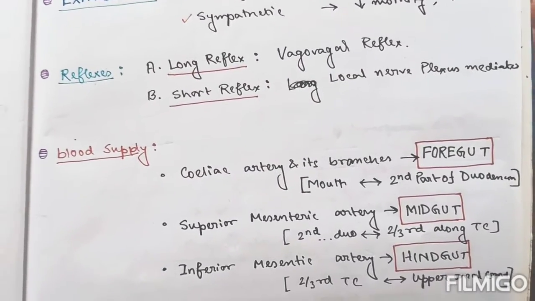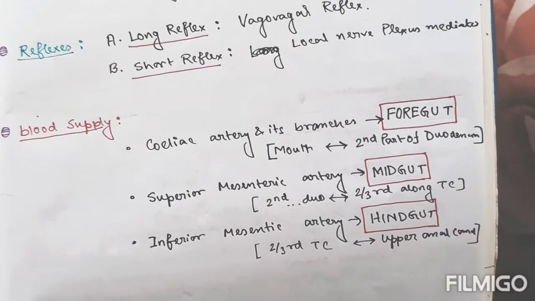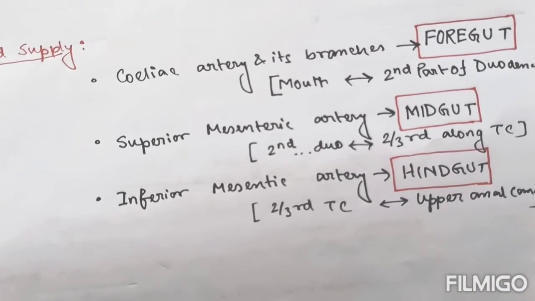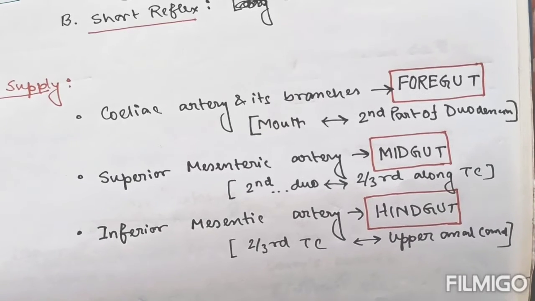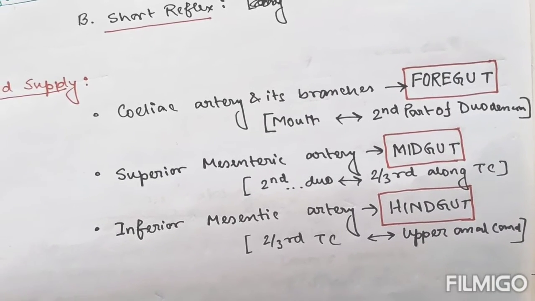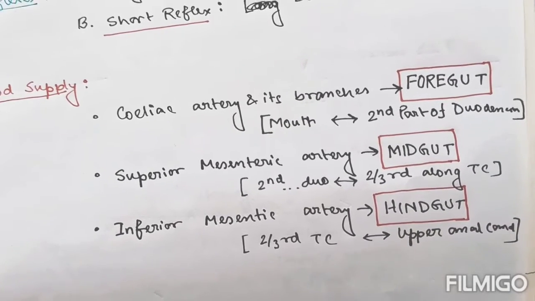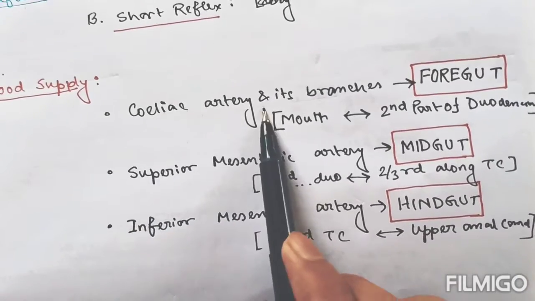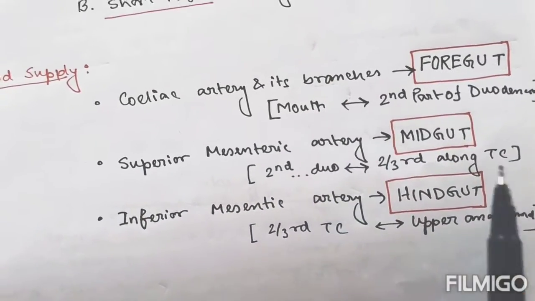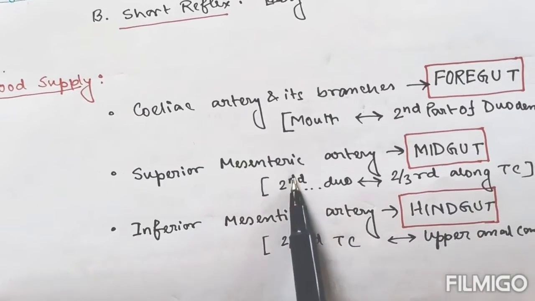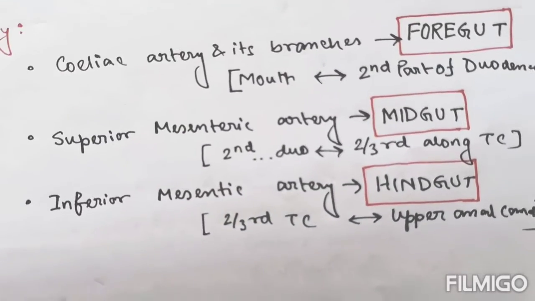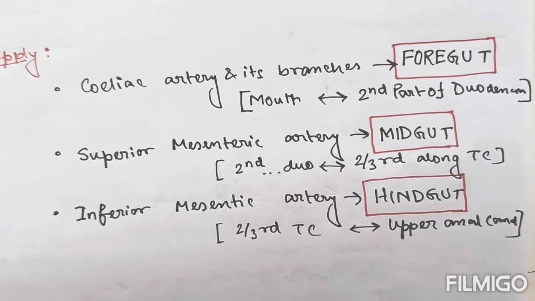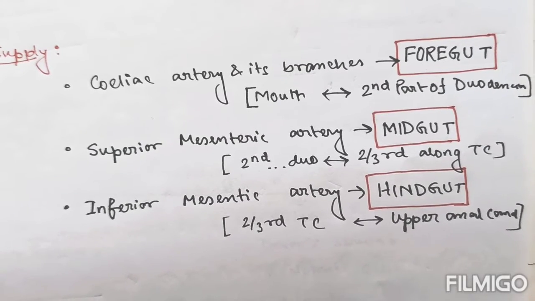And finally, if we consider the blood supply, it is quite simple. The foregut, that is from the mouth to the second part of the duodenum, bounded by the ligament of Treitz, is supplied by the celiac artery and its branches. The midgut is supplied by the superior mesenteric artery, and this midgut is demarcated from the second part of the duodenum to the 2/3 of the transverse colon.